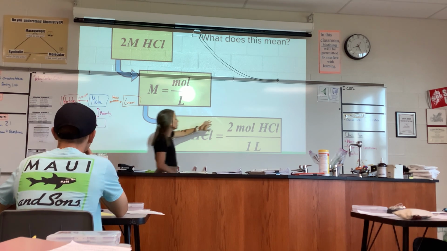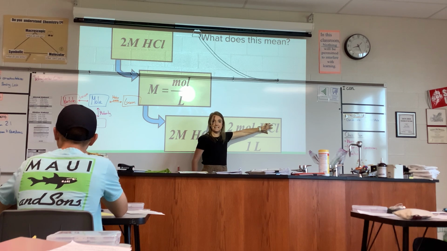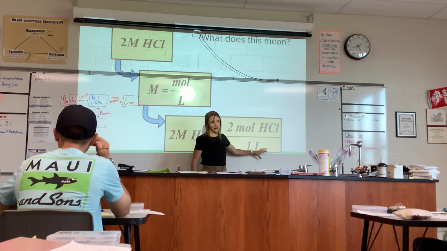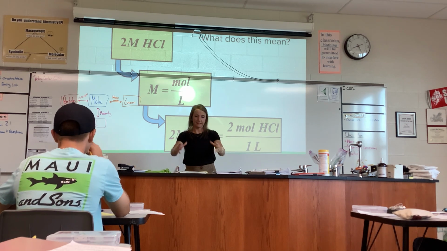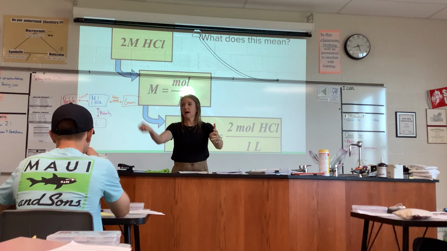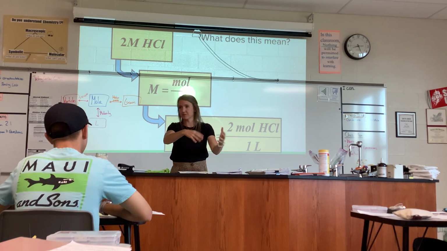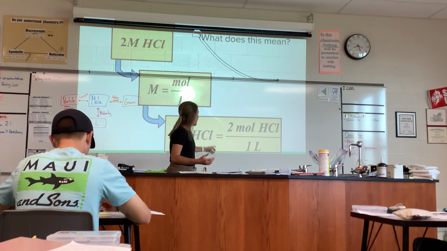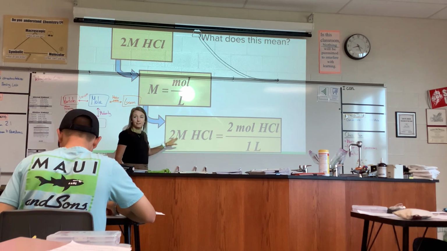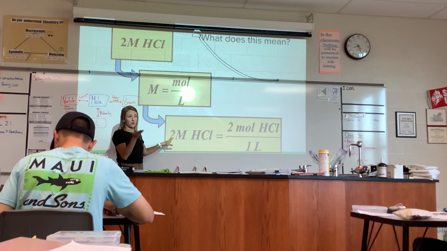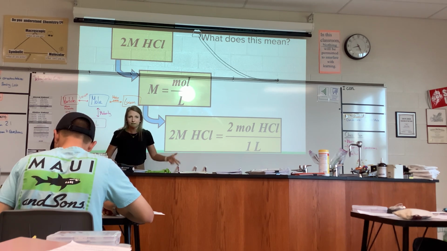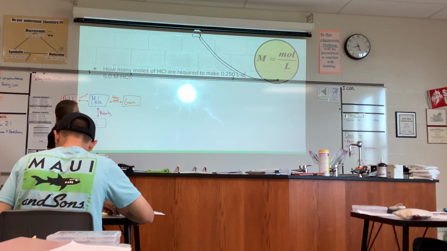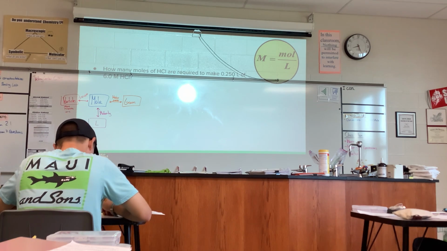So you have 2 moles of hydrochloric acid in 1 liter of it. If I had a liter of water, I would put 2 moles in it, measuring out what that would be to make my molarity. So the higher the number with the M, the more concentrated the solution would be. Let's take a look at a few problems of using molarity.